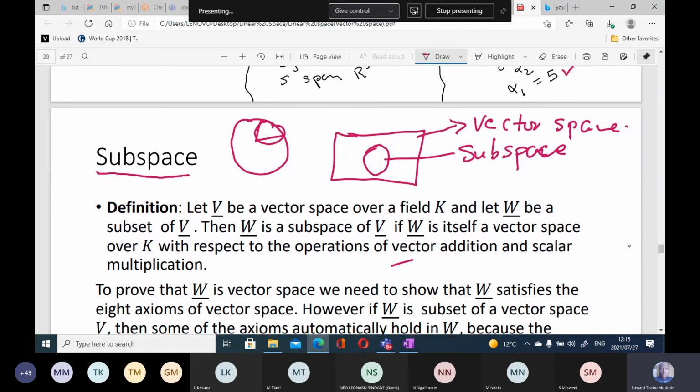So let's explain. Definition: let V be a vector space over a field K, and let W be a subset of V. Then W is a subspace of V if W itself is a vector space. So it means that a subspace is actually on its own a vector space. That's why I'm saying that it contains all the ingredients of a vector space, all the conditions, over K with respect to the operation of vector addition and scalar multiplication.